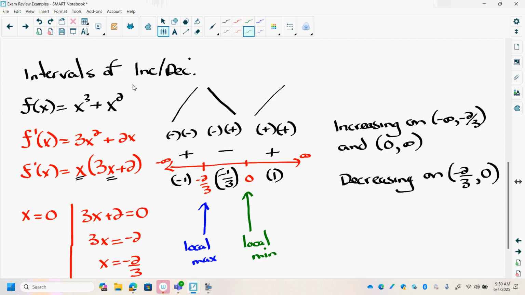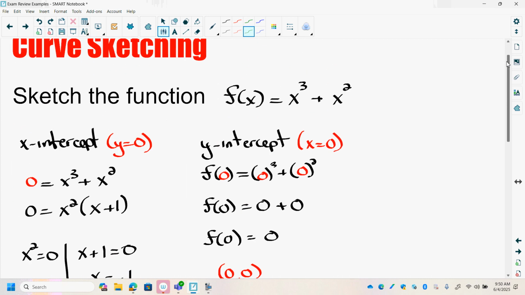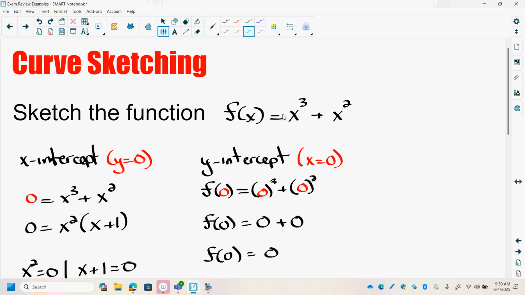Which brings me to my next bullet. How do I find my local maximum value and my local minimum value? Well, where does it occur? My local max occurs when what equals negative 2/3? X equals negative 2/3. And if I want the height of the function when x equals negative 2/3, I would go back to the original equation and just fill a negative 2/3 in there.